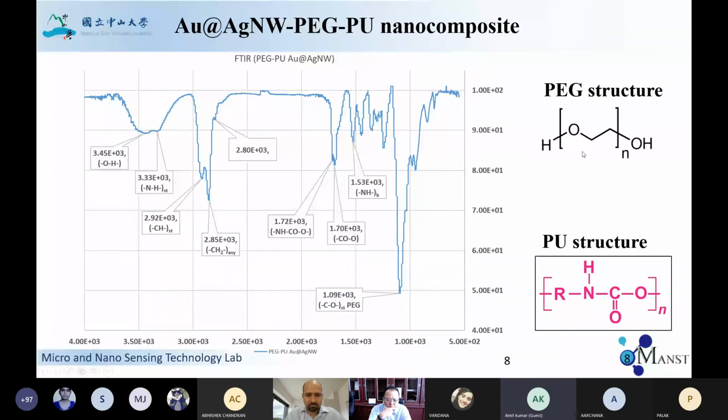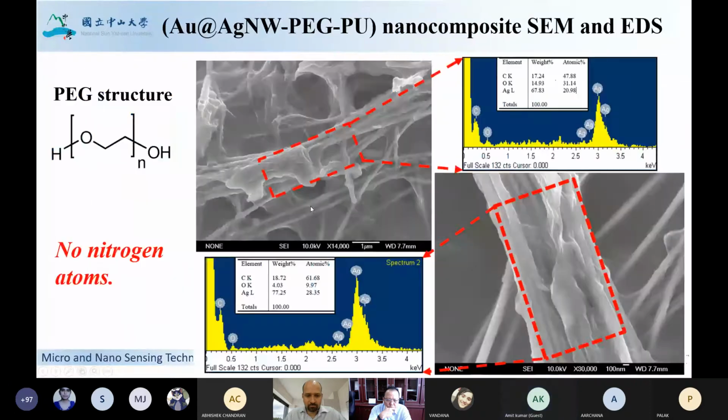PEG structure only has C, O, H atoms, and PU structure has C, O, H, and also N. So FTIR shows the PEG and PU are cross-linked, as the peak shown at 1.72 times 10 to the power 3 shows a carbonyl ester group that shows they are cross-linked.